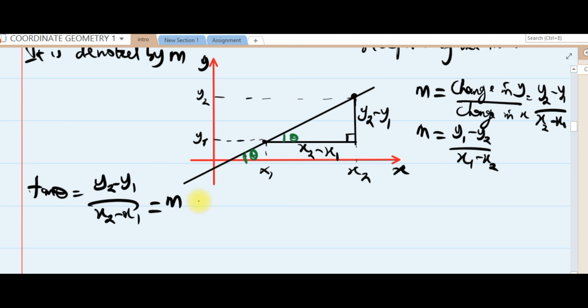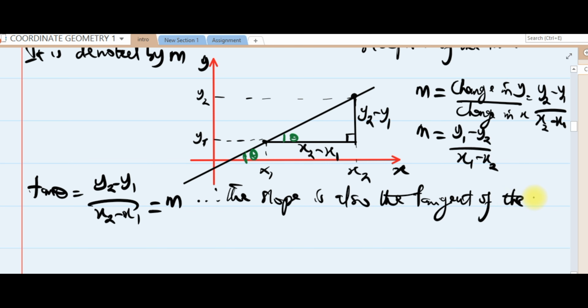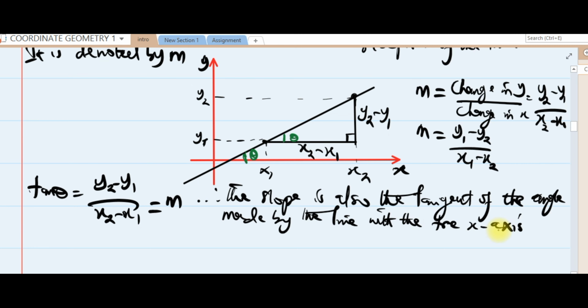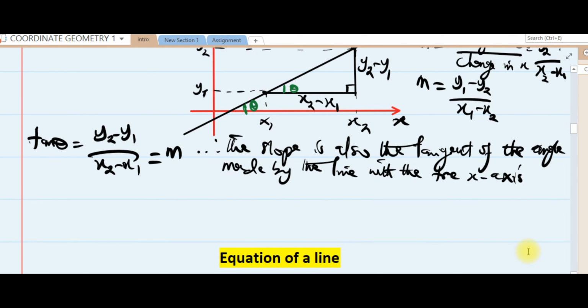Therefore the slope is also the tangent of the angle made by the line with the positive x-axis. Meaning that even if you are not given two points, you can still find the slope if you are given the angle.